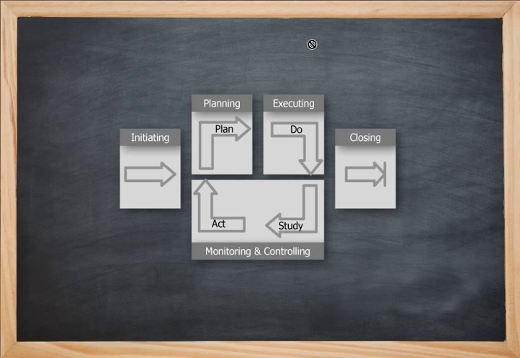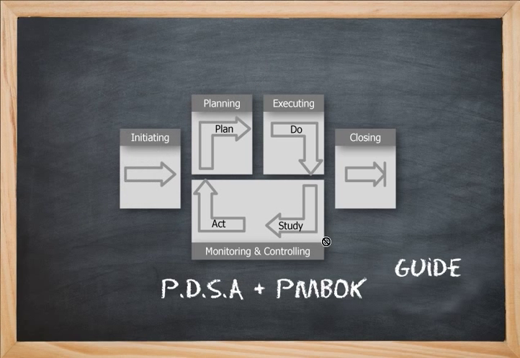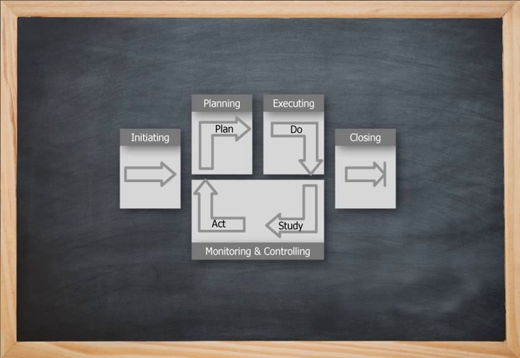You could be really smart in managing your project in a more agile way by putting the plan part of the PDSA cycle in the planning process group, the do part in the executing, and then the study and act in the monitoring and controlling. This can show you how you can adapt more agile techniques in the standard PMI PMBOK guide set of process groups.